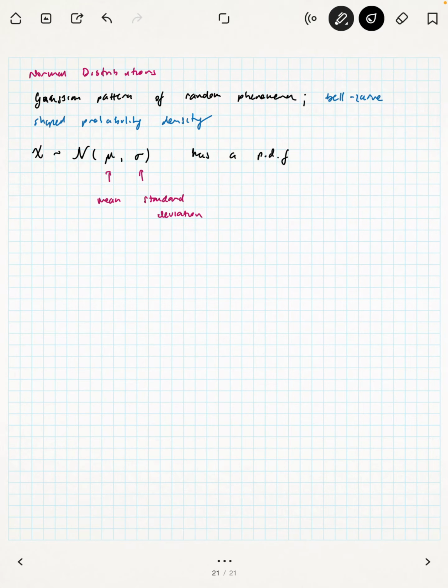And it has a PDF phi of x is equal to 1 over sigma square root of 2 pi e to the negative x minus mu squared over 2 sigma squared. Or sorry, not phi, sigma squared.